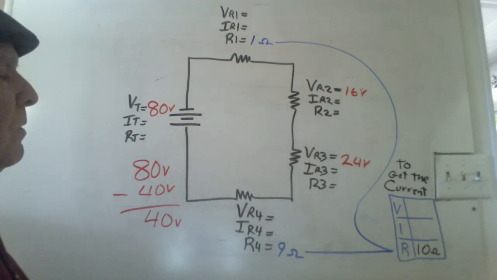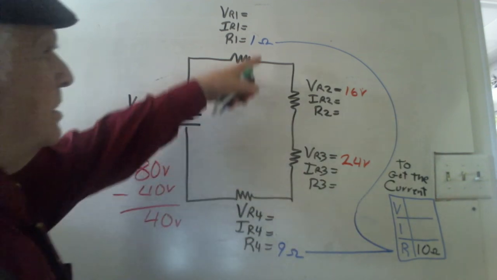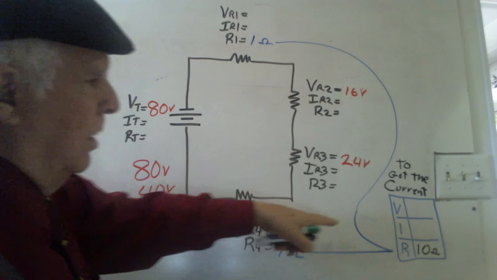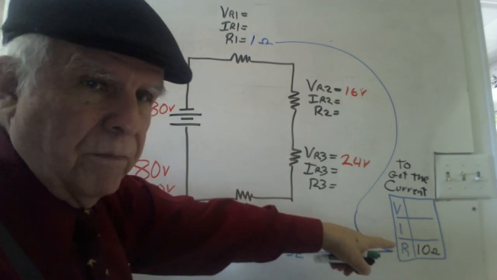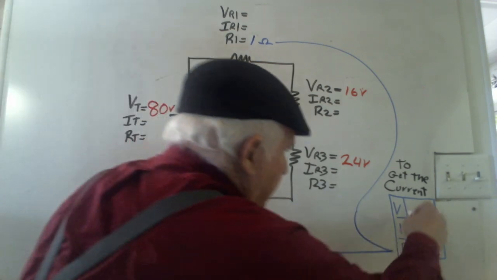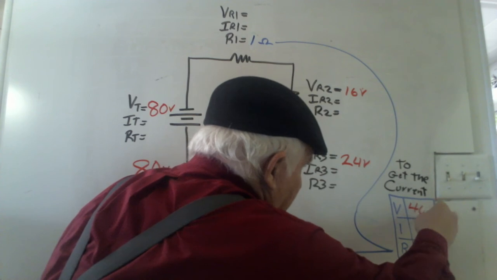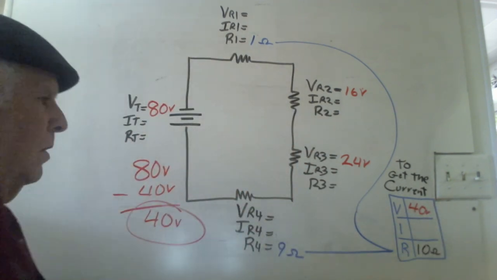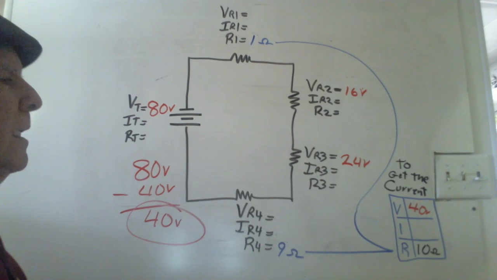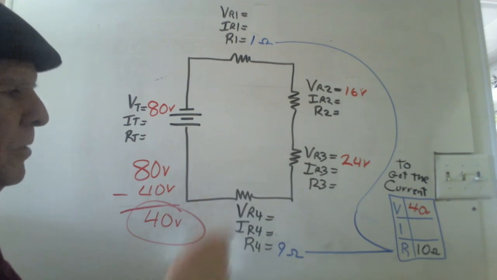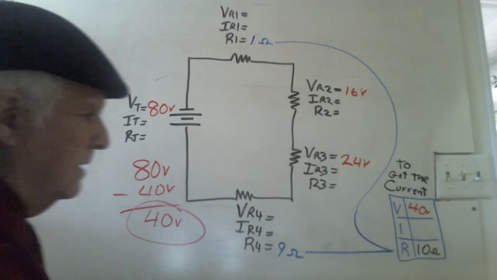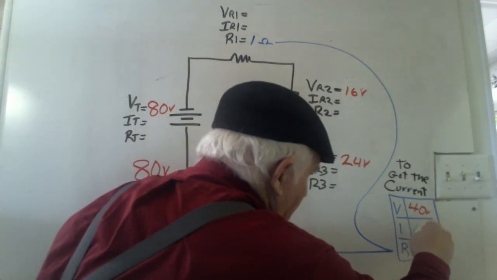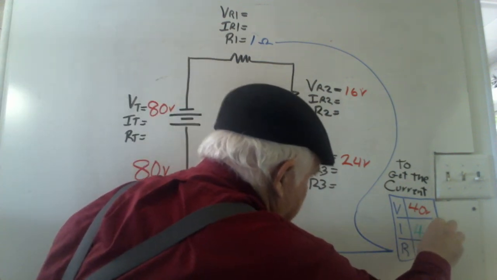Now that 40 volts must go on these 2 resistors, which I've combined over here. So I'm going to put here that 40 volts, the one that's missing right here, this one. Okay, now I can easily determine the current. 40 divided by 10 is 4 amps.